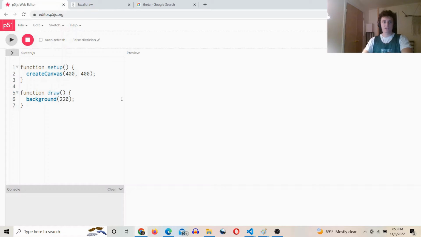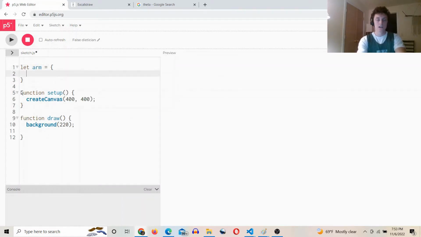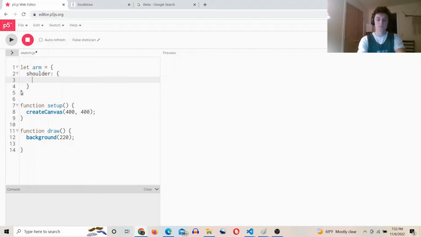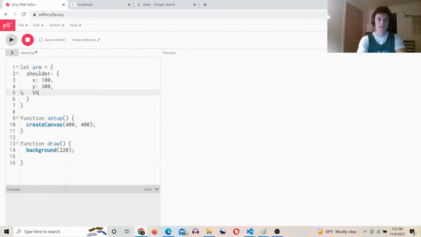So let's try to make this happen. We're going to say let arm equal, we're going to say shoulder, and shoulder is going to be an object with an X. Start at, I want to start low on the screen actually, and then a Y of like 300, and then an angle, a theta, will start at 0.